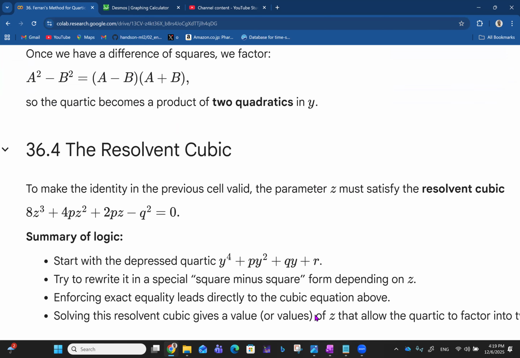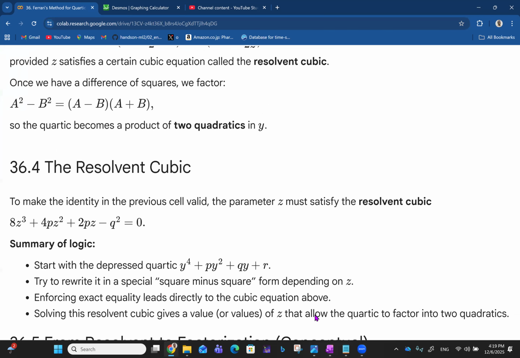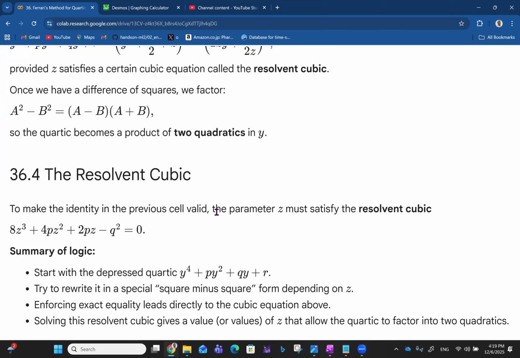So let's talk about the resolvent cubic. To make the identity in the previous cell valid, the parameter z must satisfy the resolvent cubic, which is 8z cubed plus 4pz squared plus 2pz minus q squared equals 0. So z must satisfy this.